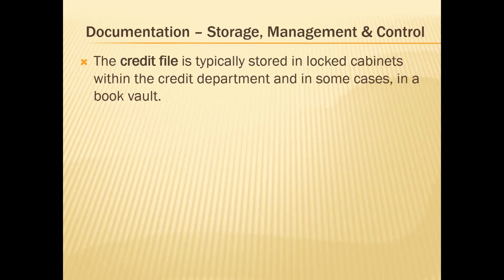The original security schedule, along with all original security documents, will be placed in a separate security file. Okay, so here we are introduced to the credit file, and secondly, to the collateral security file. Okay, so the credit file and the collateral security file or security file.